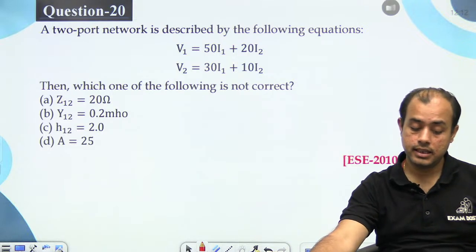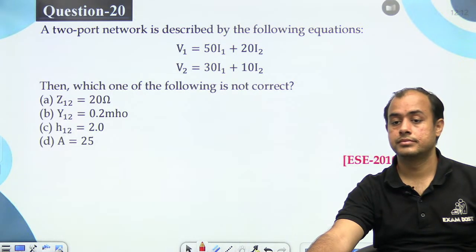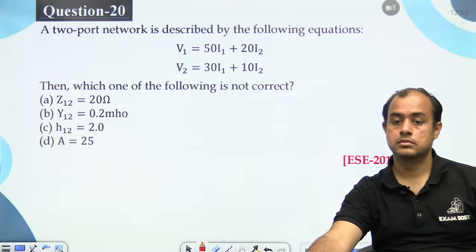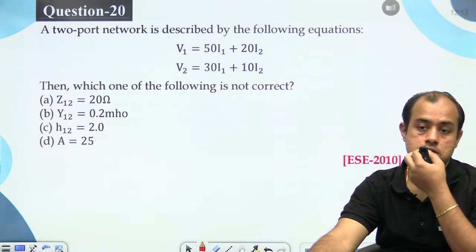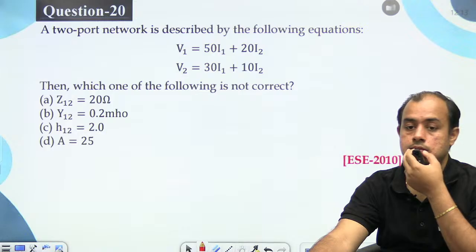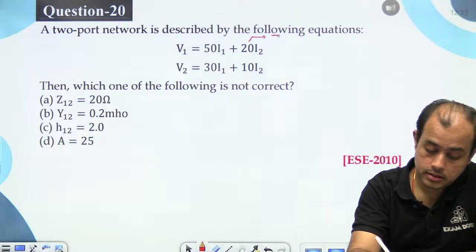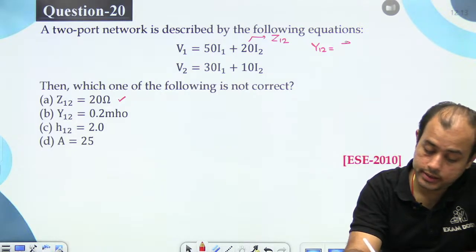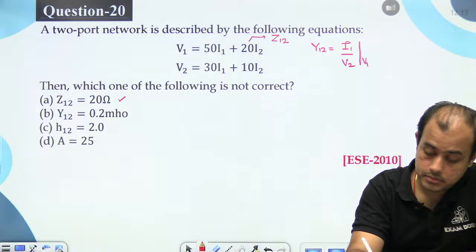What is not correct out of these? Again ESE 2010. This is Z12, so this is correct. Now Y12 is this.